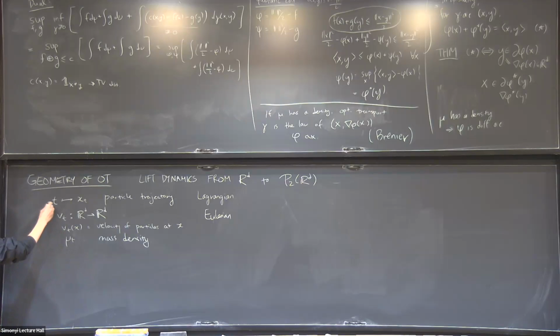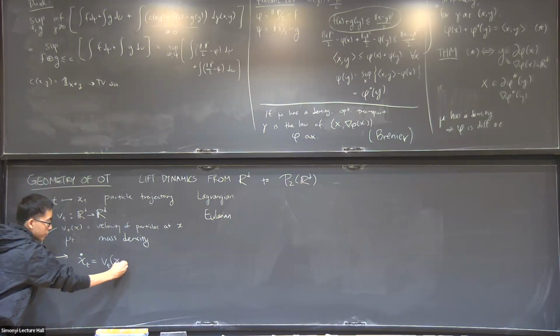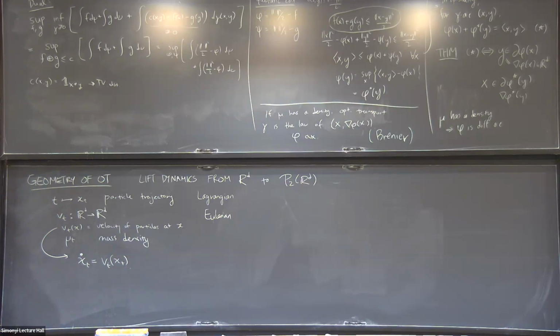Namely, the derivative of a particle trajectory is just going to be the velocity vector field at that point. So this tells you how the particles are moving, but the question now is, how does the full mass density evolve?